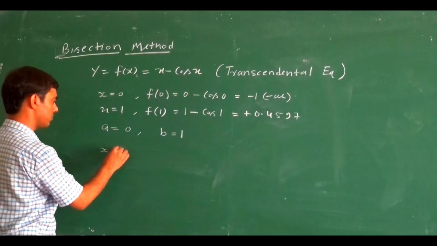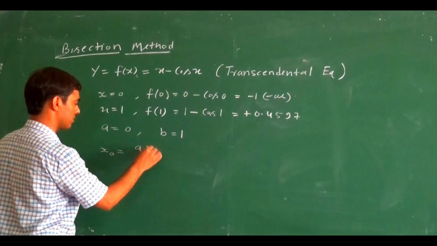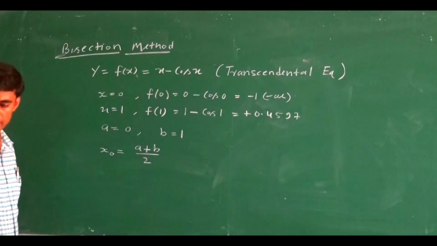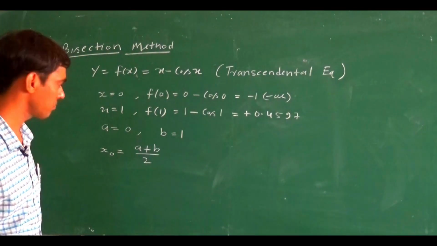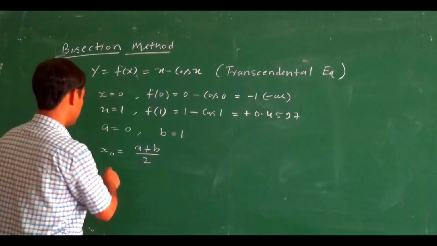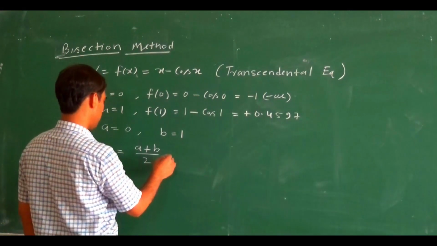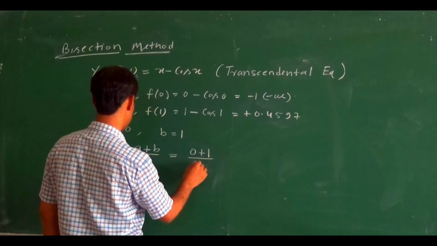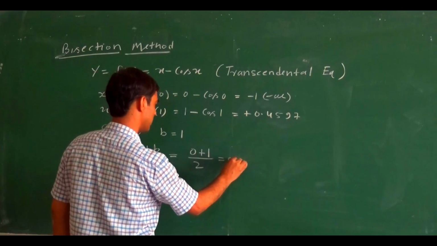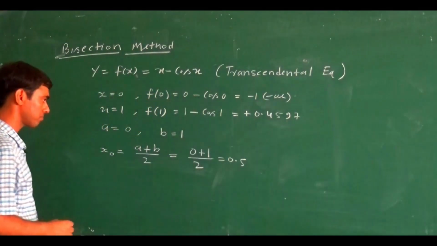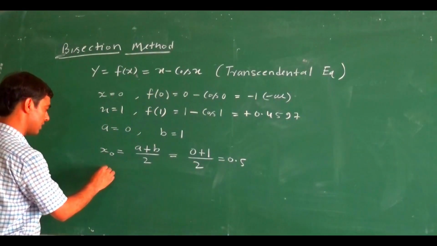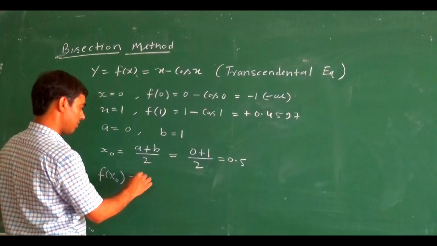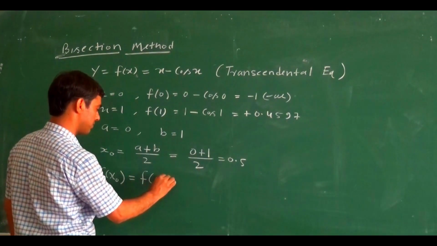Now what is the first iteration? In the first iteration we find x0, according to the algorithm of the bisection method, equal to a plus b by 2. So x0 equals 0 plus 1 divided by 2, which is 0.5. Now what is the value of the function at x0, f of 0.5?